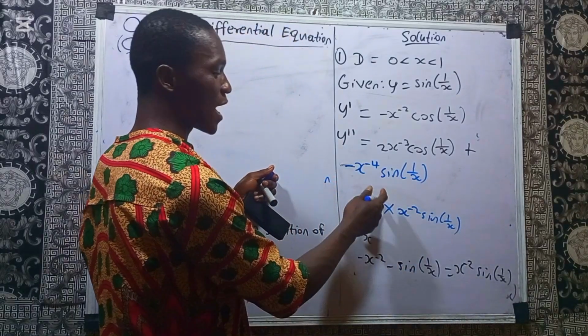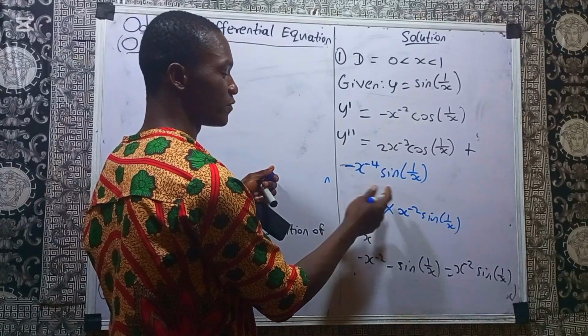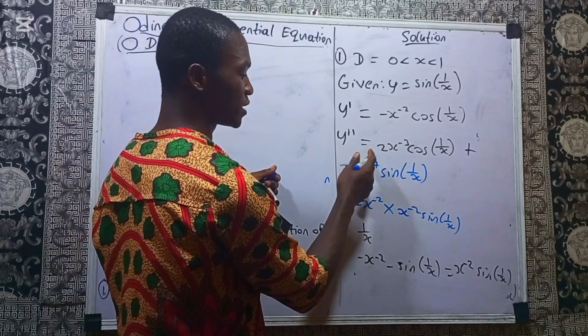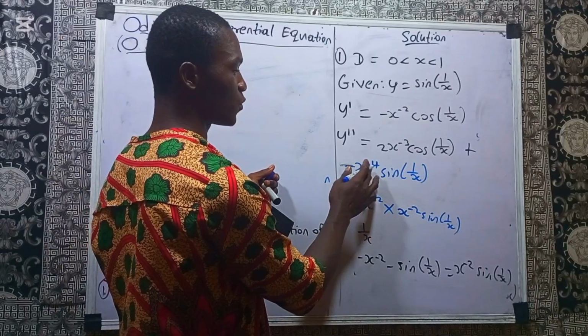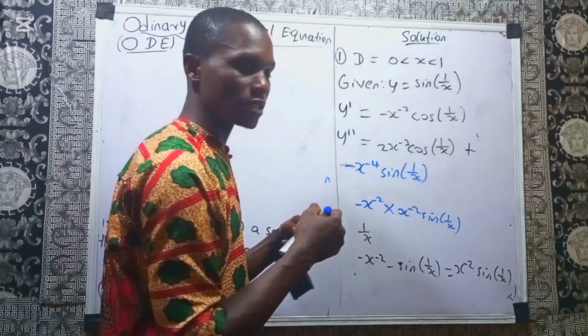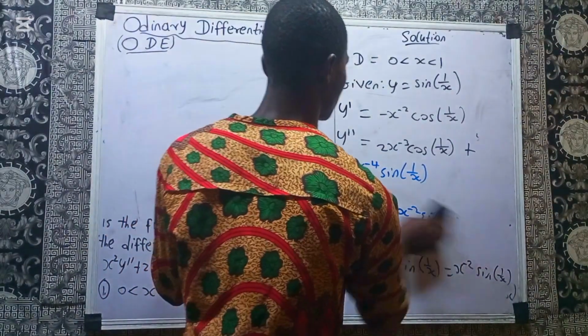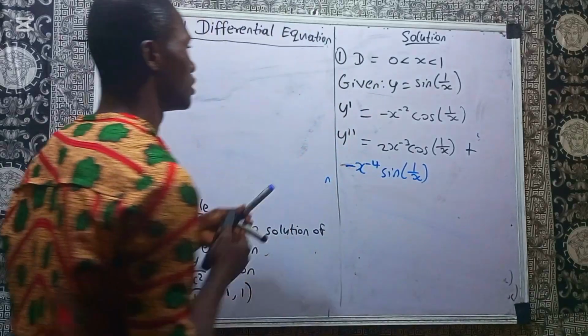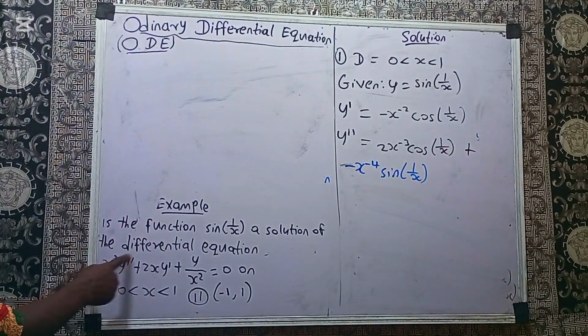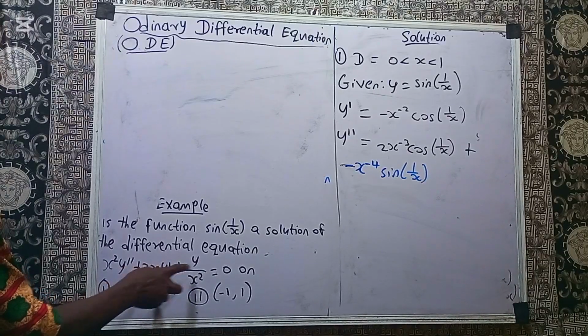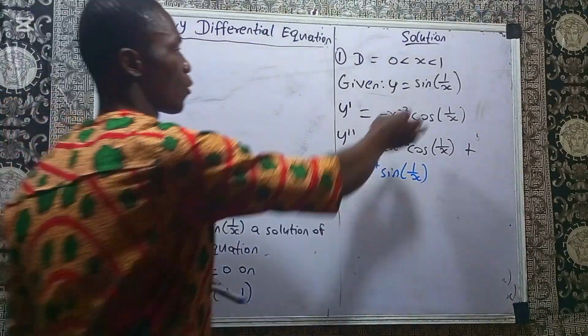So you add the index of the x. Negative 2 and negative 2 is negative 4, and you have negative here. So that's why it gave us negative x raised to power negative 4 sine 1 over x. So this is what we have gotten, the respective things we needed. We got y prime prime, we got y prime, and we have our function y.